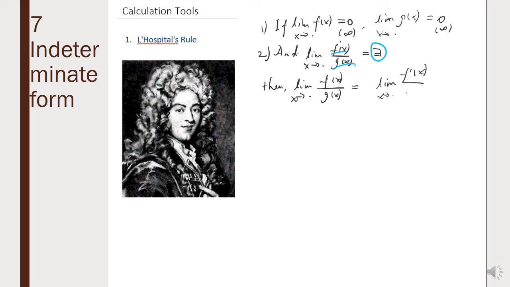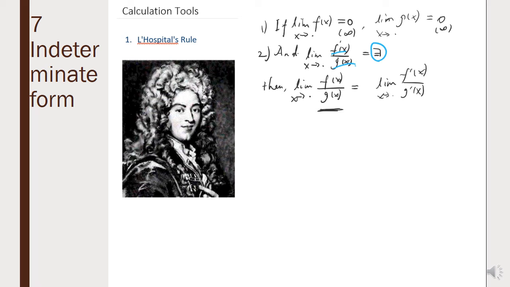Okay, so how can we prove this? f'(x) over g'(x). So it means you can actually use the derivatives of f(x) and g(x) to help us calculate the limit of f(x) over g(x).